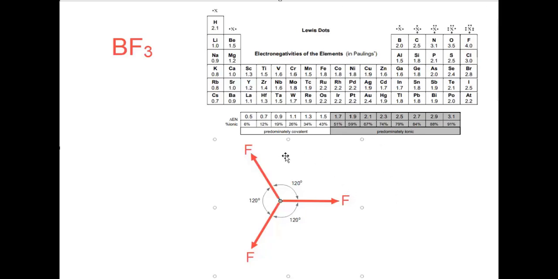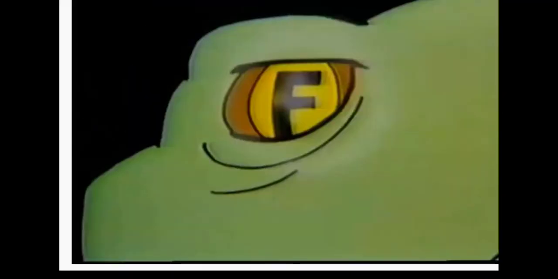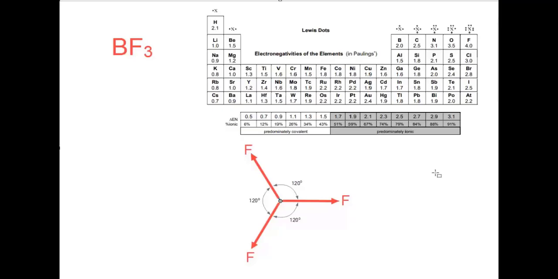The fluorine, if you remember right, is the most electronegative of all the atoms, all the elements. It is the Tyrannosaurus Rex of electronegativity. Everybody bows down to it and will end up having their electrons ripped off and pulled over, even in a covalent bond.